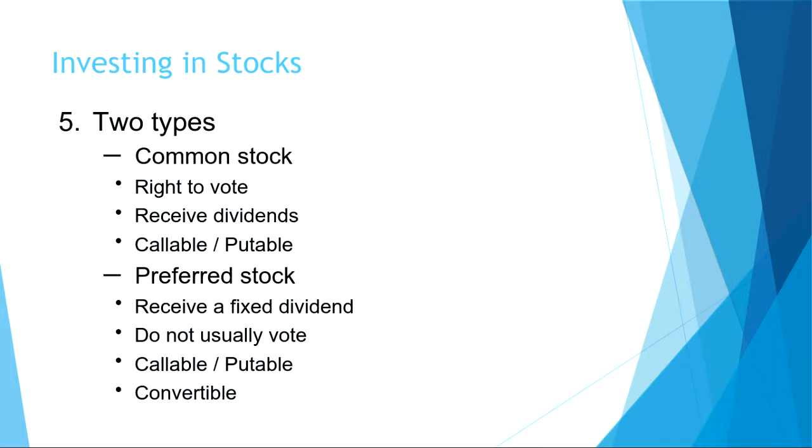It's not an obligation again, it's a right to sell these shares to the company if it is puttable. Is it clear, the meaning of callable and puttable shares? Any questions? If you have questions, please ask. I'm waiting for your response.